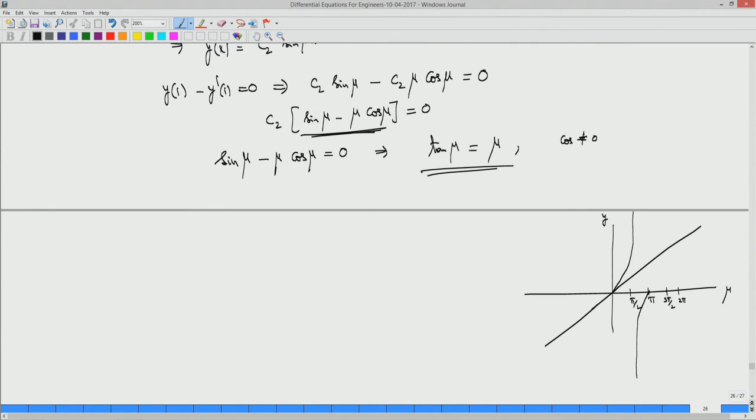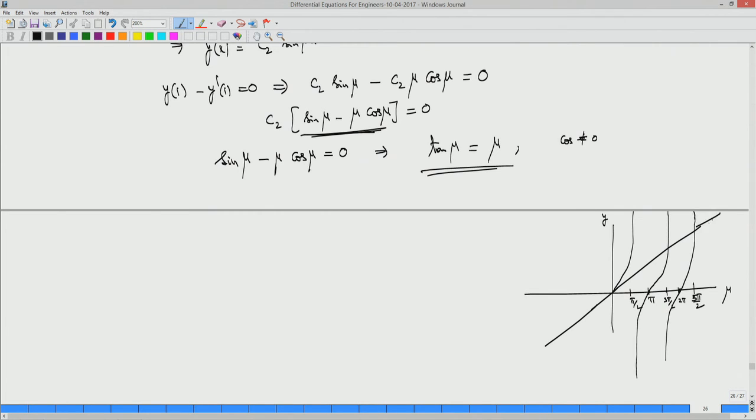At 3 pi by 2 it again goes asymptotically to minus infinity. Again at 2 pi plus pi by 2, which is 5 pi by 2, you have a curve like this. This is at 2 pi. Like this you get.